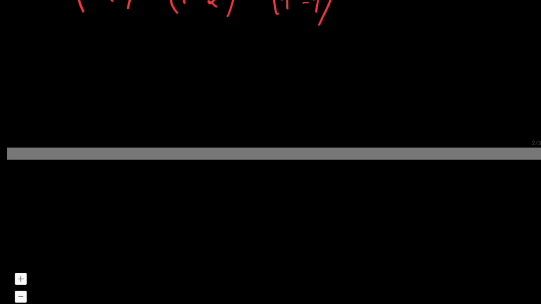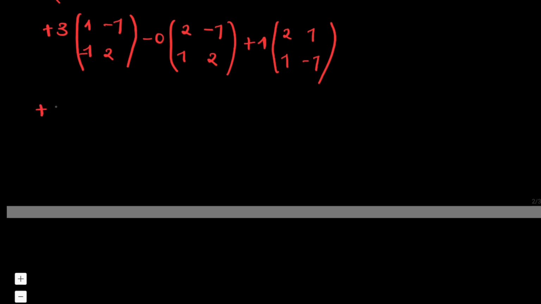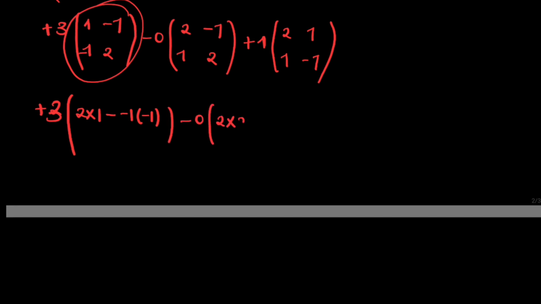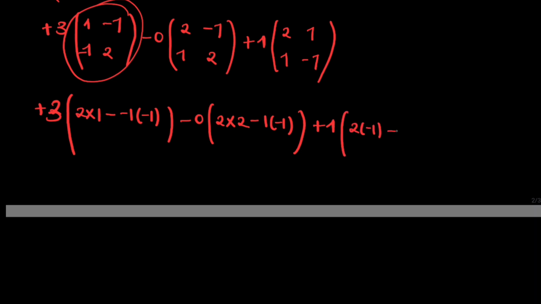Now these are 2 by 2 matrices, so let us take their determinants. The determinant of the first one is 2 times 1 minus 1 times minus 1, into 3. Then minus 0 times the determinant, 2 times 2 minus 1 times minus 1, and then the third, plus 1 into 2 times minus 1 minus 1 times 1.